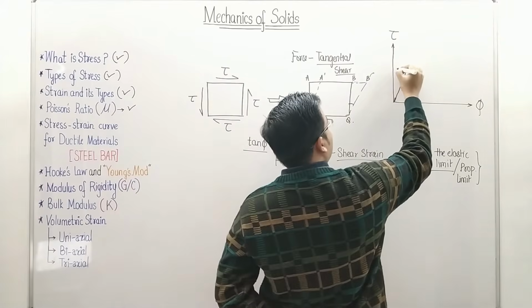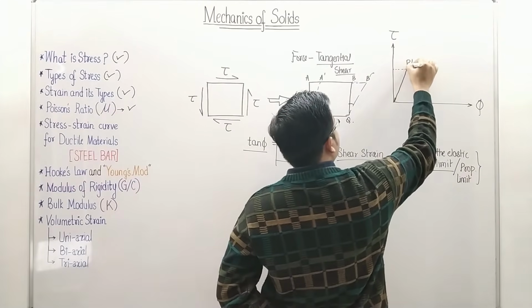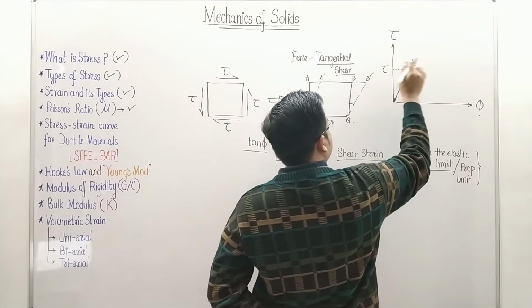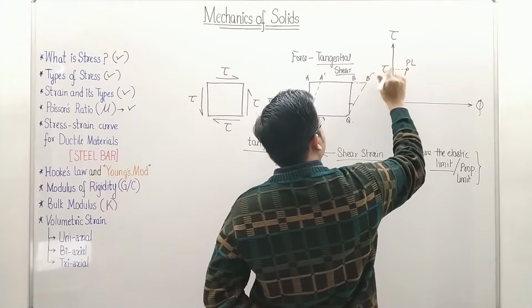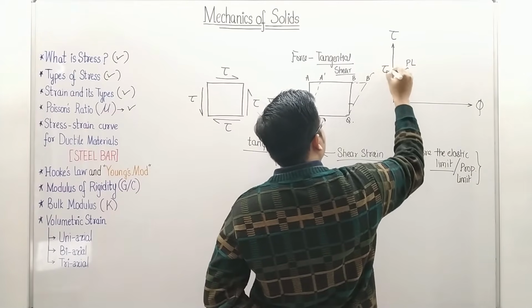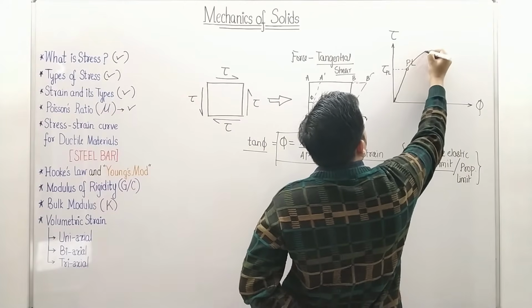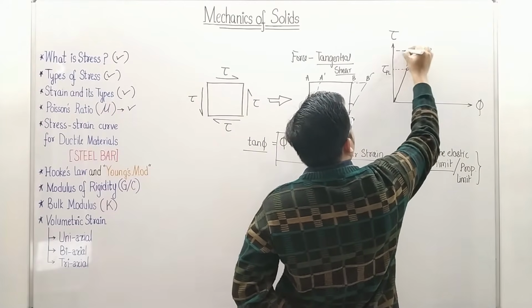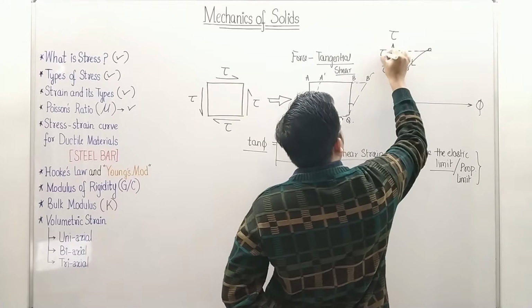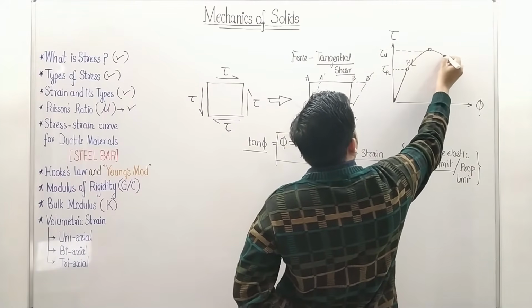Once you reach this point over here, it is the proportional limit, and the stress corresponding to this proportional limit is represented by tau PL, after which if you keep on increasing the load further, you will reach here. This is the ultimate value, tau ultimate, after which the material will rupture somewhere here.